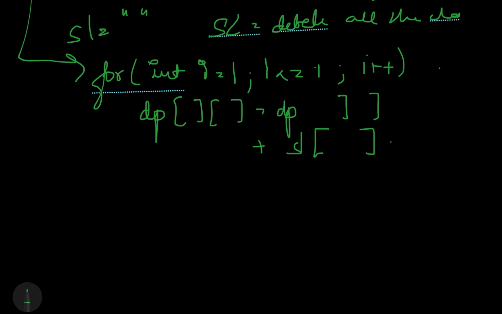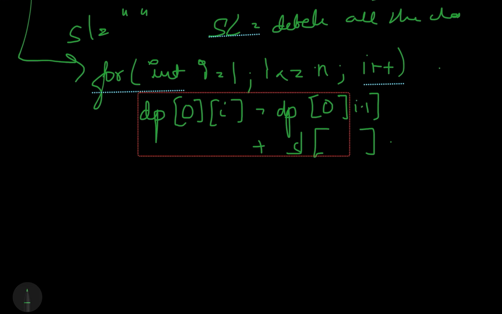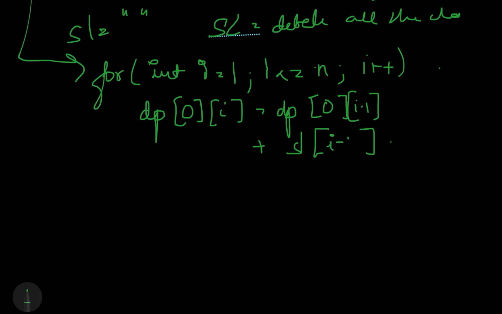So we'll run it from 1 to n, for dp of 0 and i equal to dp of 0 and i minus 1 plus s2 of i minus 1.